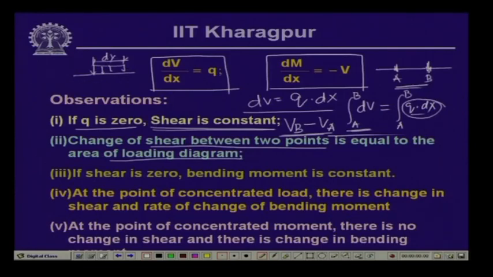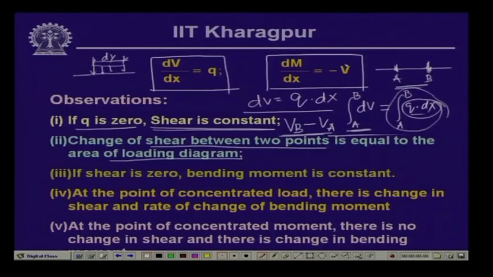So, integrated between A to B, this is nothing but the area of the load between points A and B, and that is equal to the difference in shear between point B and A. So, on the beam, if you have uniformly distributed load, then the difference in shear between these 2 points B and A is equal to the area of the loading diagram between B and A.